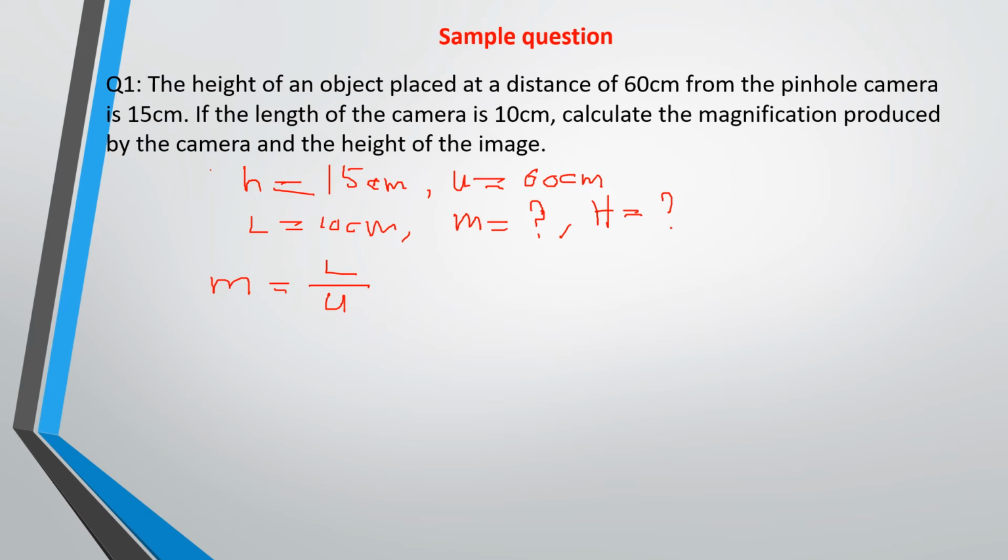Okay, so that is what we have. Magnification is equal to length of camera over object distance. We know the object distance is 60 centimeters and the length of camera is 10 centimeters. So magnification is equal to 10 over 60.